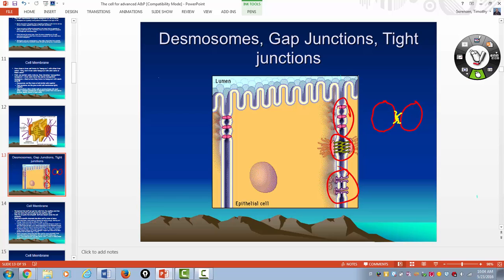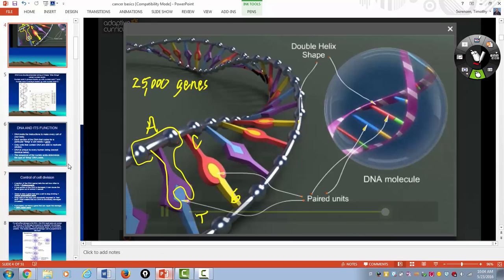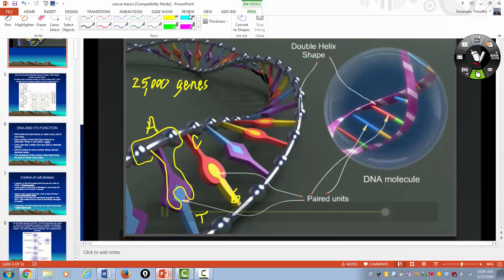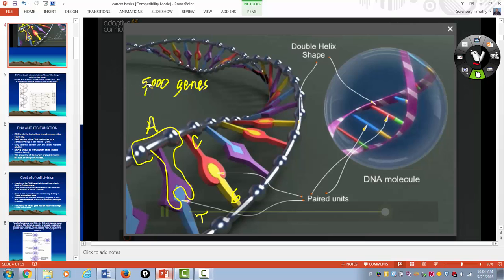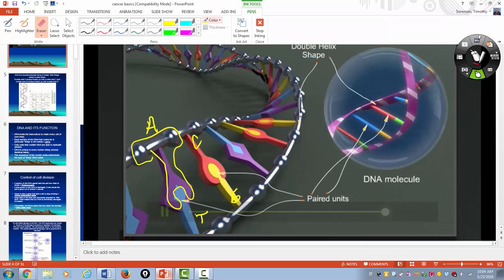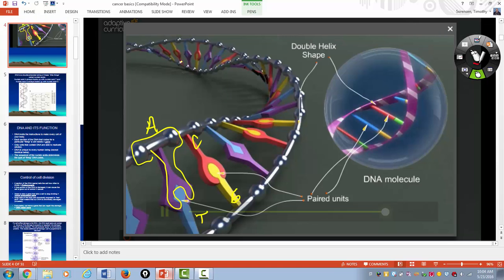Now, in people with cancer, this is what's going on. In order to get cancer, and again, I'm simplifying this incredibly. It's much more complicated than I'm letting on. But three things have to happen.